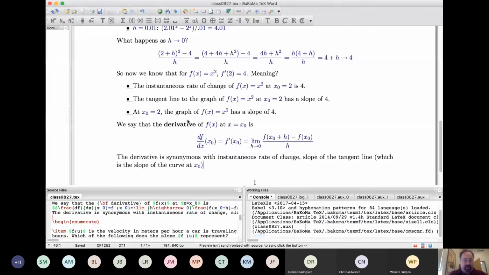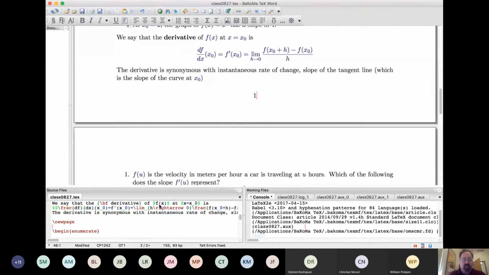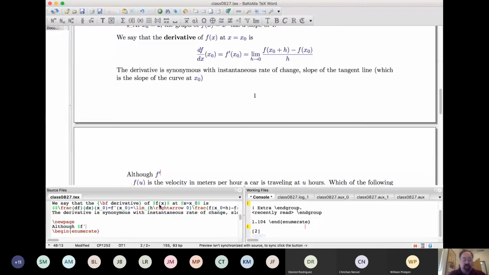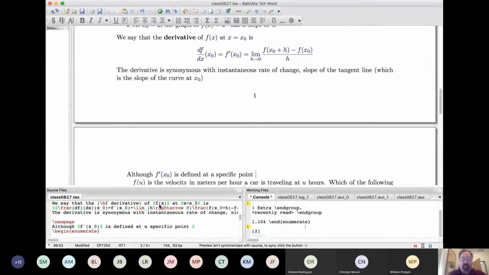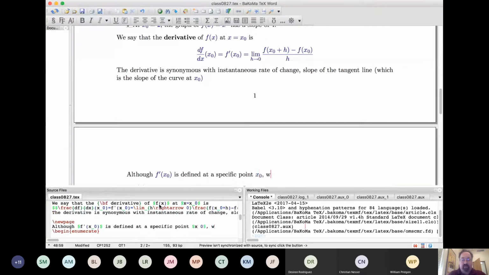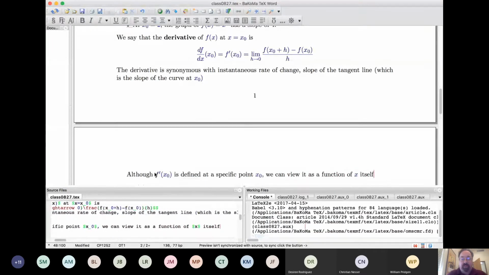Now, one thing to keep in mind is although the derivative is defined to be a rate of change at a specific point, x naught, it's helpful to think of it as also being a function of x.